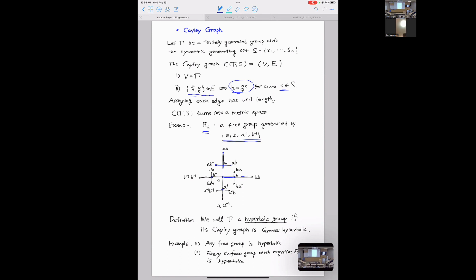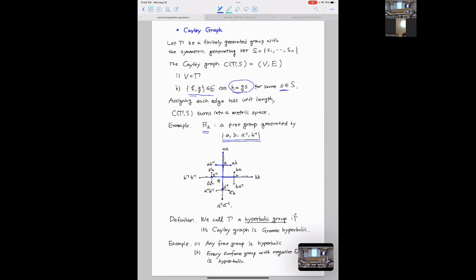Okay, and we call gamma a hyperbolic group if its Cayley graph is hyperbolic. The notion of hyperbolicity works for metric spaces. So we have the Cayley graph associated to the finitely generated group gamma. Then we can check whether the Cayley graph is delta hyperbolic or not.